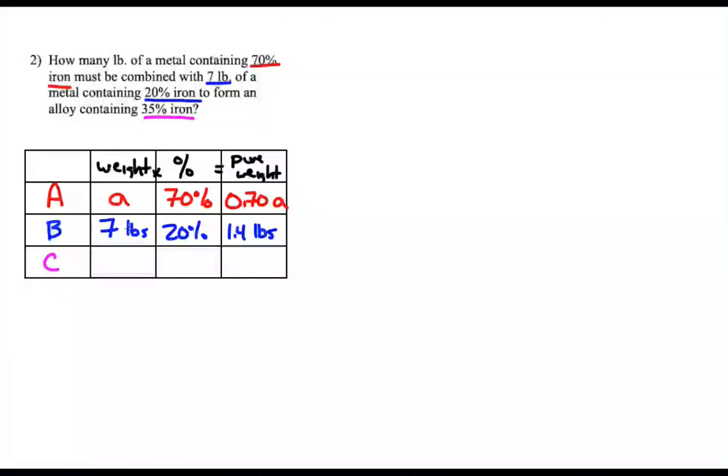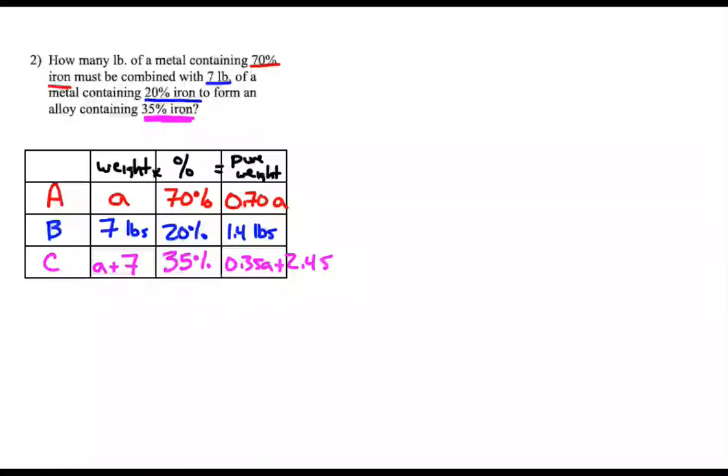Well, it's A and B together, so it's going to be A plus 7. What's the percentage going to be? Well, we want 35% iron, so it's going to be 35%. Multiply this together, so we have A times 35%, which is 0.35A, and 7 times 35%, which is 2.45.